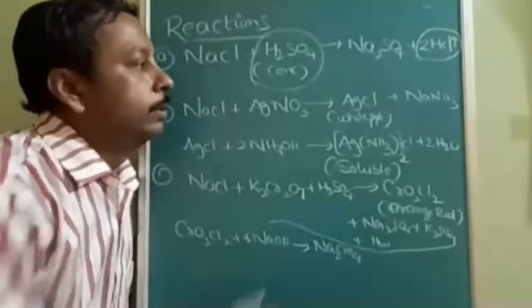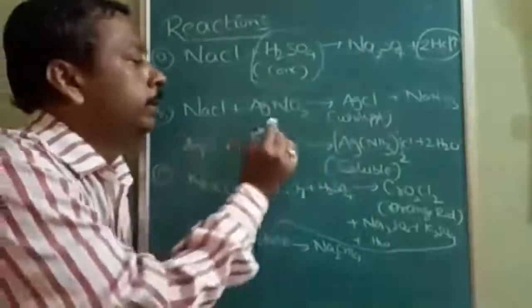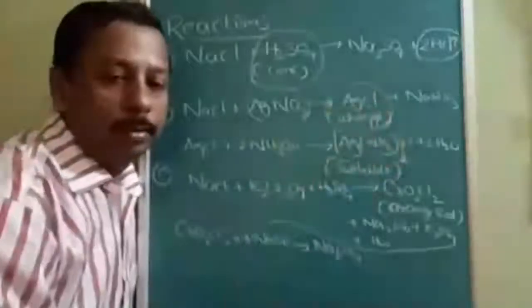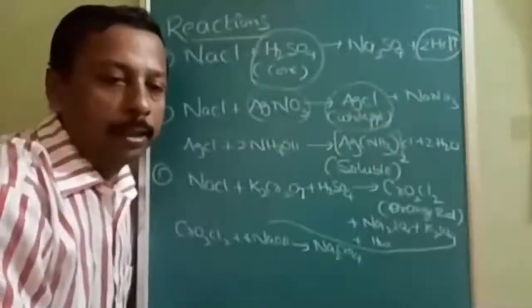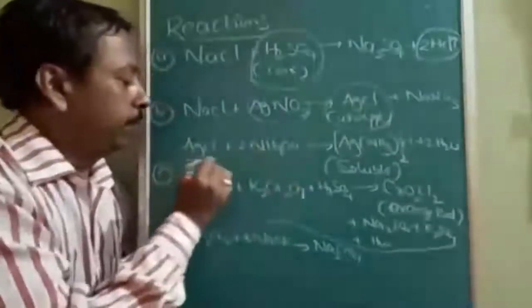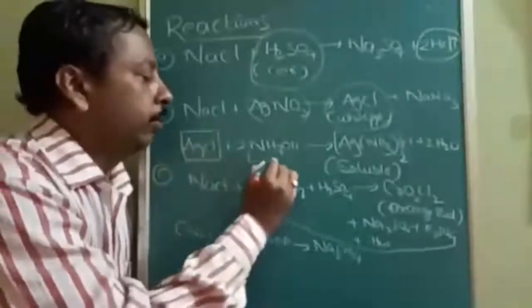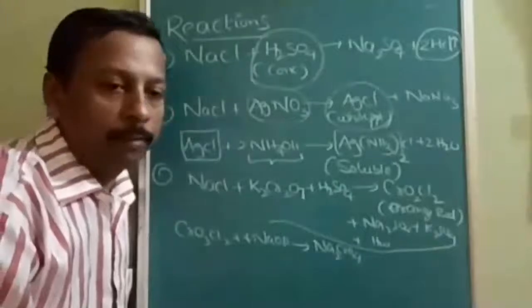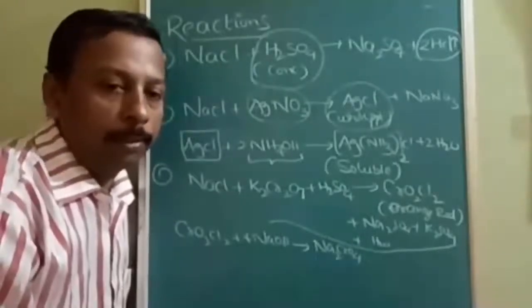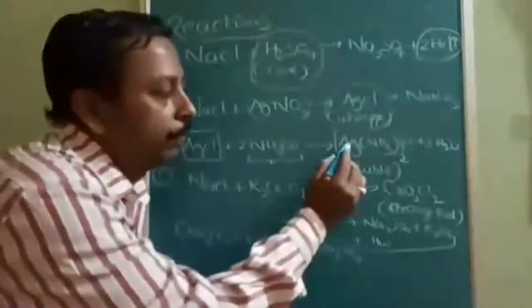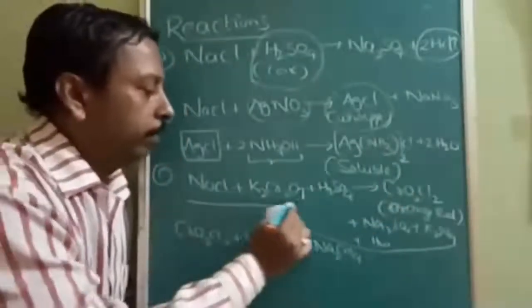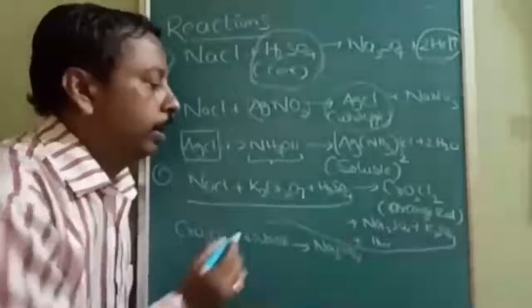Second, when it is treated with AgNO3, it forms a white precipitate because of AgCl. And that white precipitate, when treated with ammonium hydroxide, forms a soluble complex, which is Ag(NH3)2Cl.